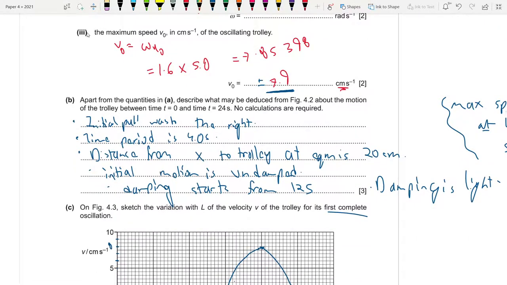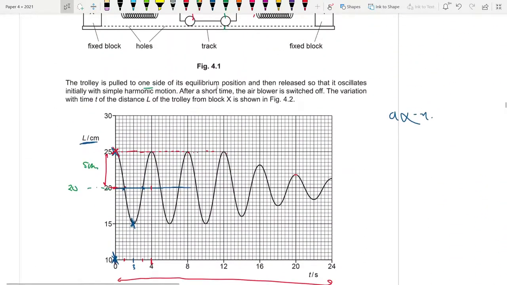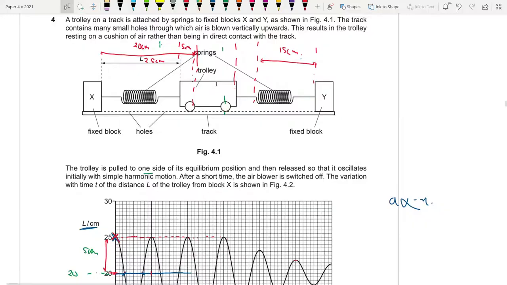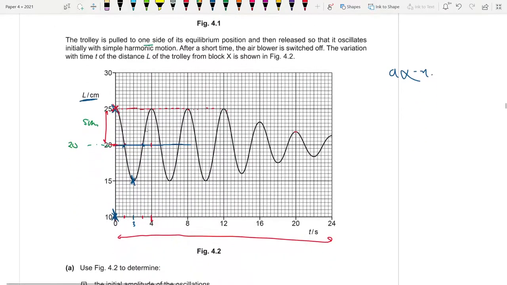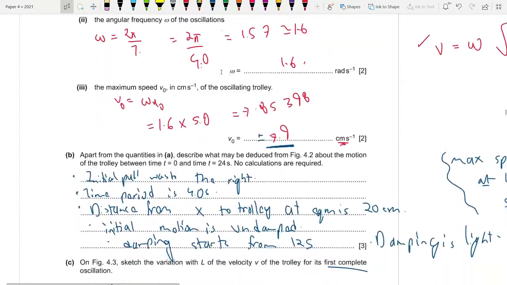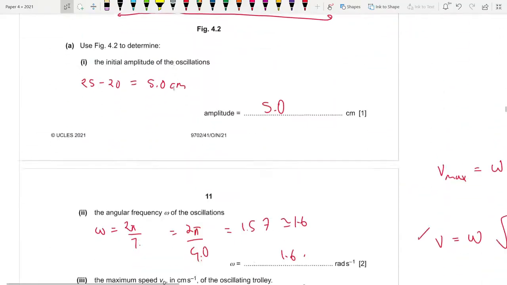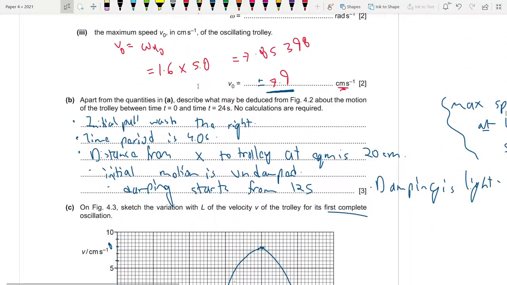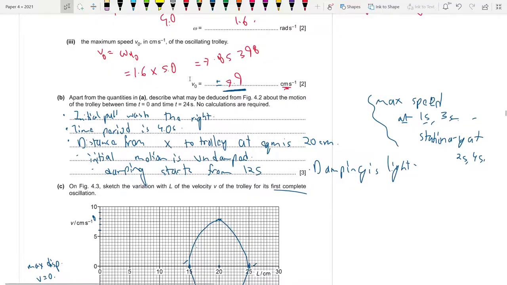What else? The distance from X to trolley at equilibrium is 20 centimeters, right? At equilibrium is 20. This is what I mentioned at the beginning of the question. The time period is 4 seconds actually, right? And the initial motion is undamped because amplitude remains same. So initial pull was to the right. The time period is 4 seconds.